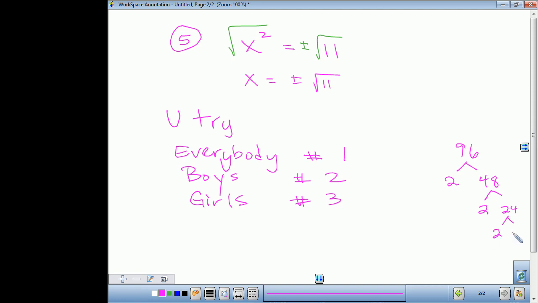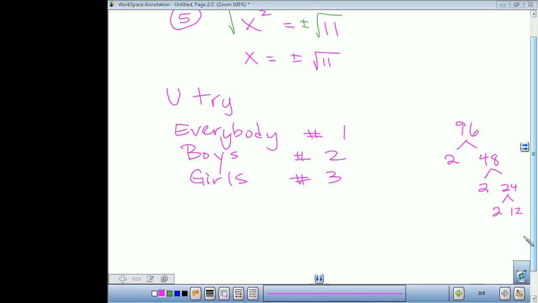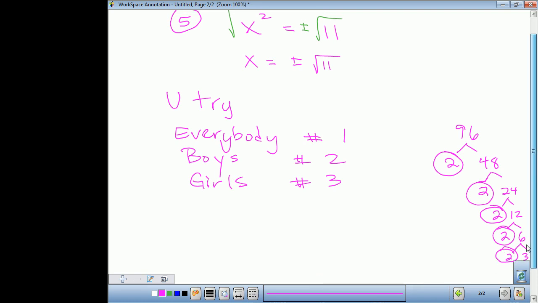So 2 goes in there 12 times. 12 is still even. So 2 goes in there 6 times. And we could break 6 down into 2 and 3. So how many 2's do we have? 1, 2, 3, 4, 5. And then we have a 3.